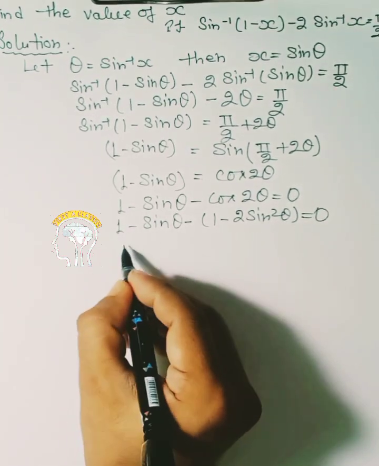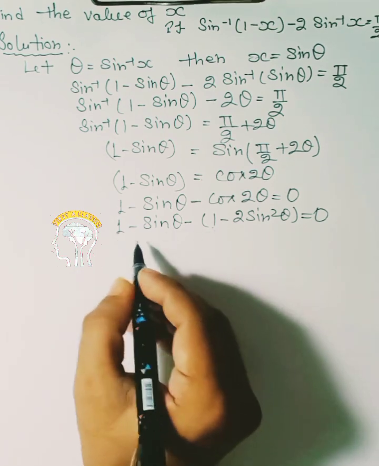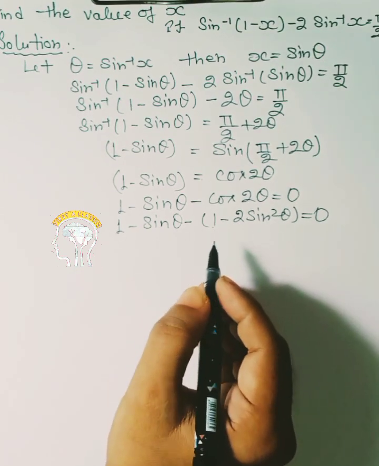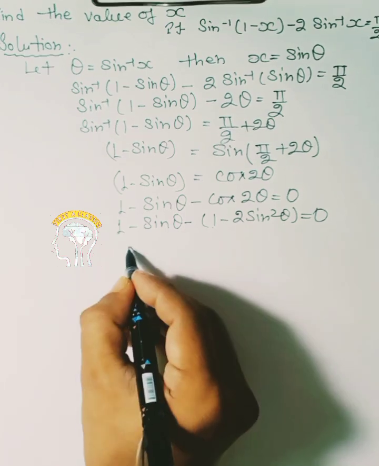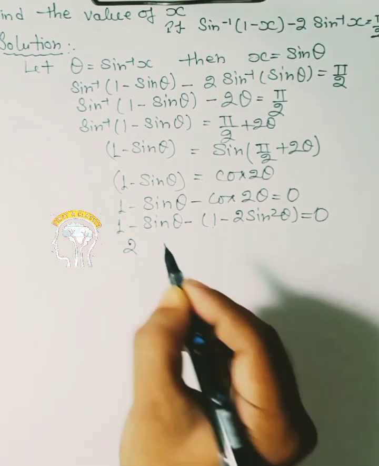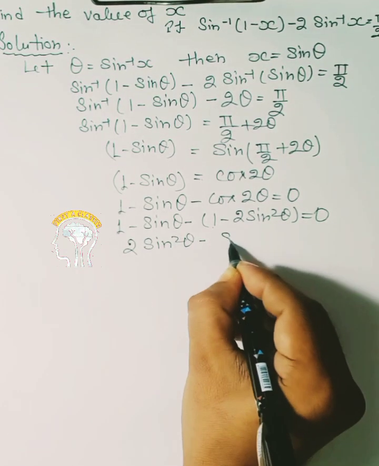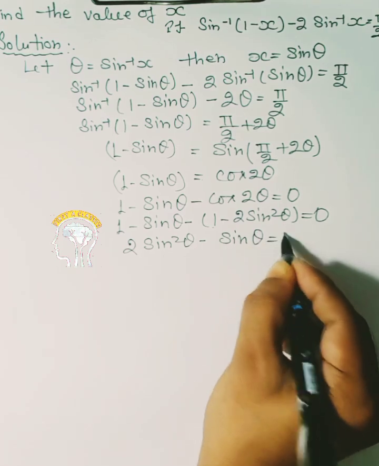Now we solve it, we get minus 1 cancels plus 1, it becomes 0, and minus minus becomes plus, so we write it 2 sine square theta minus sine theta equals 0.